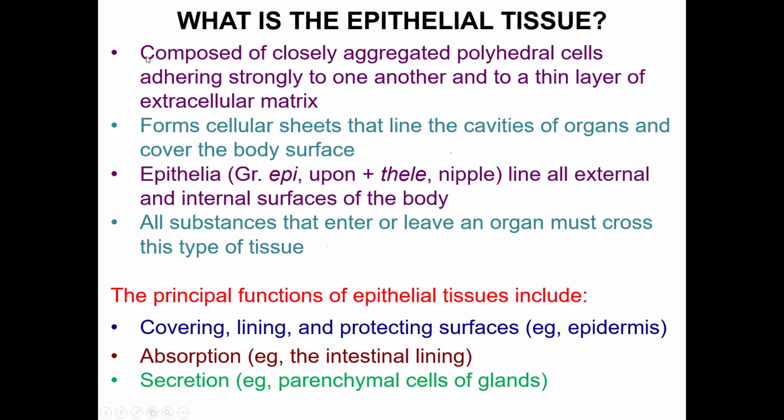So what is the epithelial tissue? It is composed of closely aggregated polyhedral cells adhering strongly to one another and to a thin layer of extracellular matrix. It forms cellular sheets that line the cavities of organs and cover the body surface. And if you culture epithelial cells and they reach confluency, you may at some point remove the cells in the culture as sheets of cells because they are tightly attached to each other. The epithelia line all external and internal surfaces of the body.